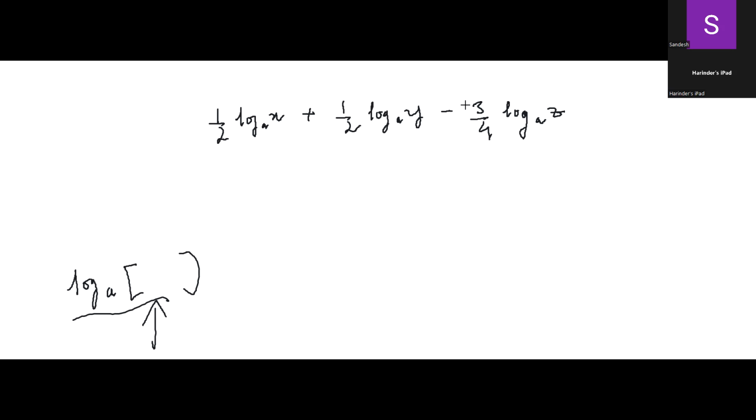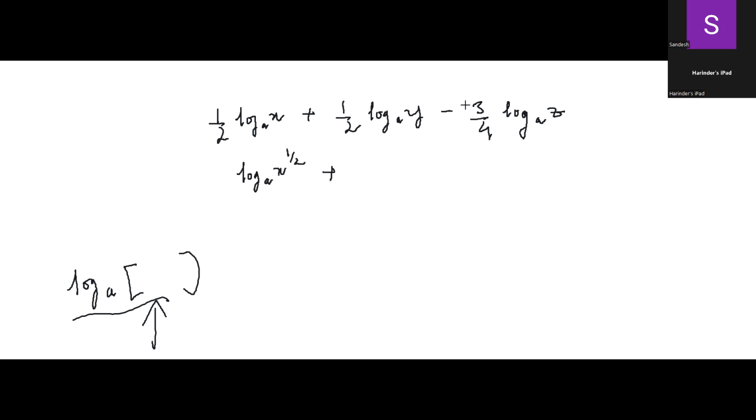We're trying to write it as 1 log, that's why. Here, this one would become this, right? Log base a of x to the 1/2.